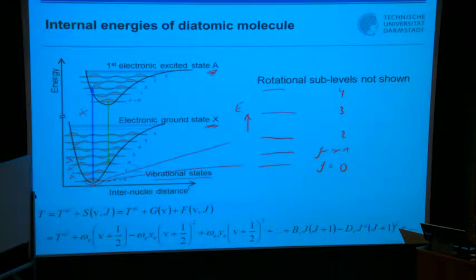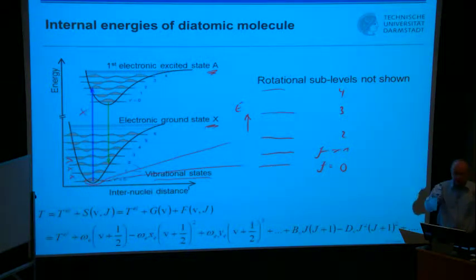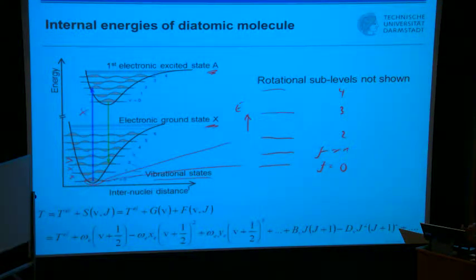Then superimposed on that you have the different rotational levels, denoted by the rotational quantum numbers J from 0 to infinity, and the rotational constant B. The correction D means that the rotator is not rigid. If you have higher rotational energies, the system is not rigid, so if you rotate it stronger, the two nuclei will have a larger distance, and thereby the rotational constant is decreasing.